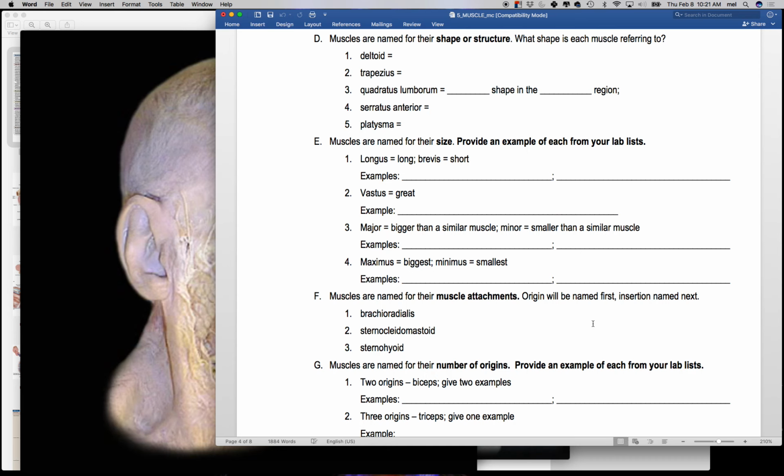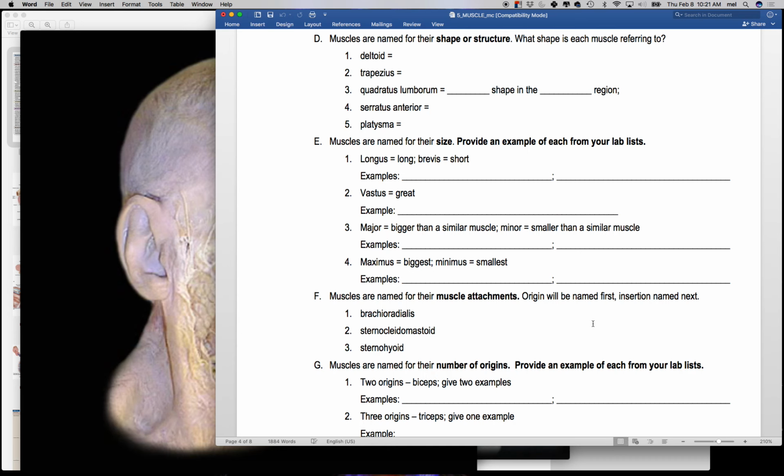Good? Okay, quadratus lumborum, you haven't learned that yet, but tell me what the name is implying about the shape and the location. Quadratus lumborum. Four sides, where are you going to find it? The lumbar region. There are two little rectangular muscles right back here. Okay?